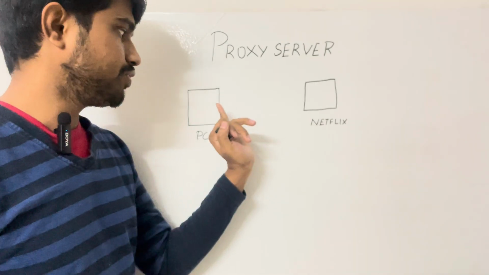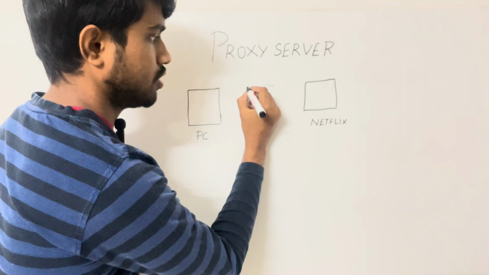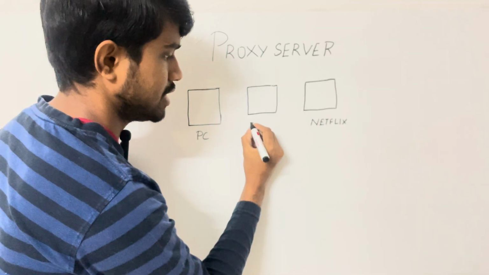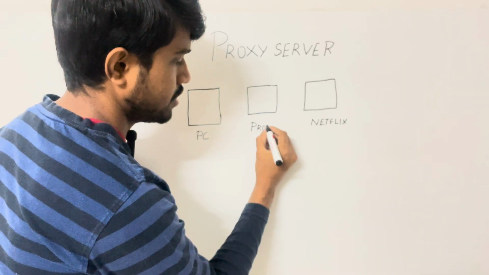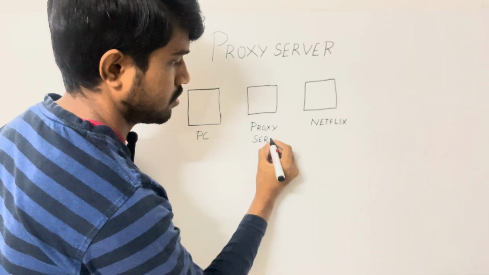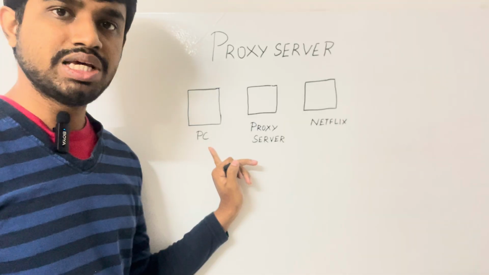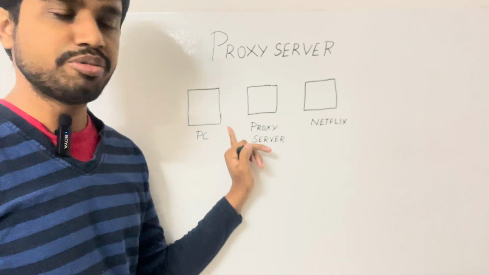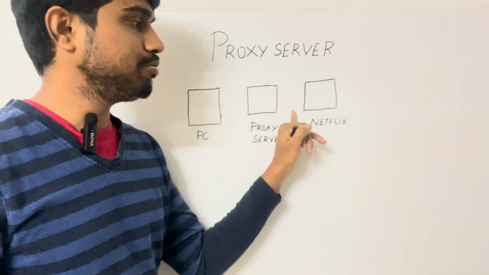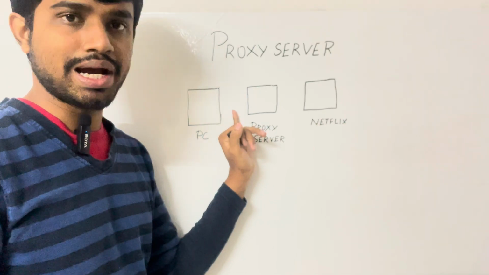Instead of you hitting the Netflix computer directly, you configure a proxy server and let your PC know that, hey, send all the communication to the proxy server, and the proxy server will make sure that it hits whatever you want to hit on the internet and gives the response back to you.